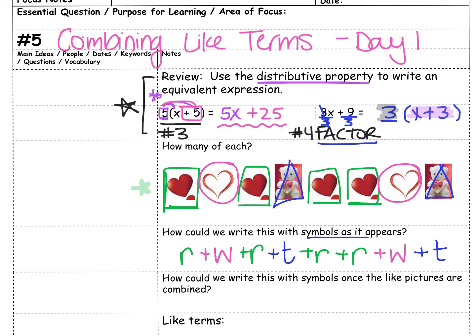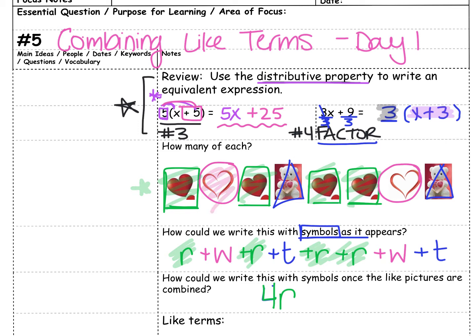The symbols that I used were variables: R for the red hearts, W for the white hearts, and T for the teddy bears. What we want to do is write this with symbols, with the pictures that are alike combined. So I have those 4 red hearts. I chose R for my red heart, so I could write, oops, let me use green, 4R. That shows me my 4 red hearts.